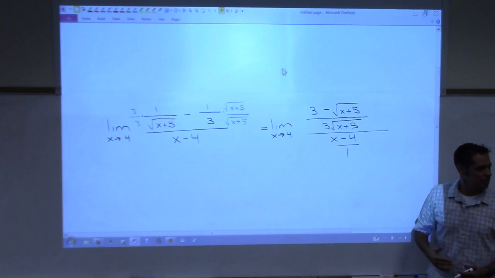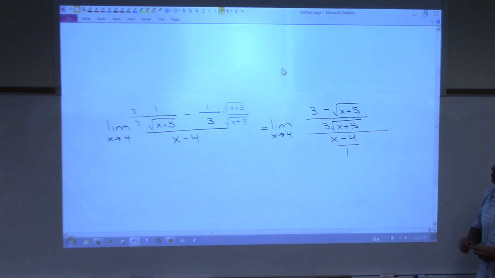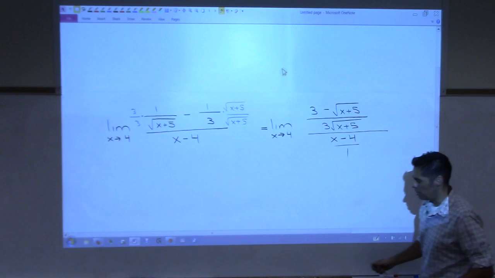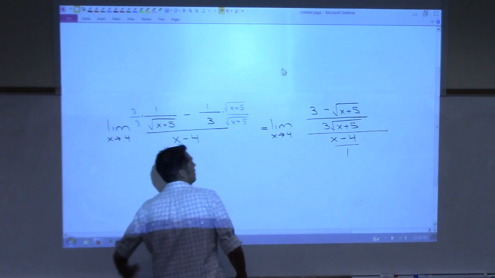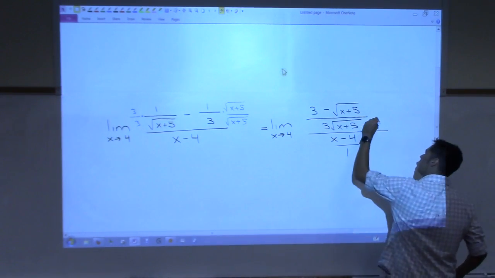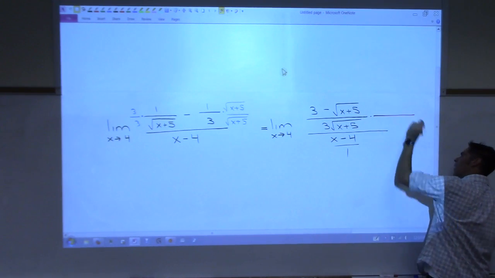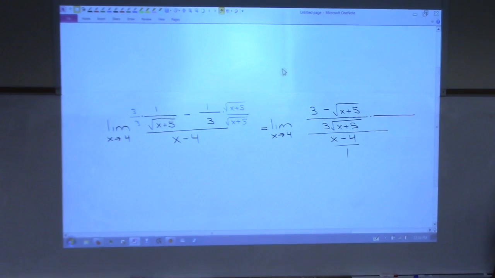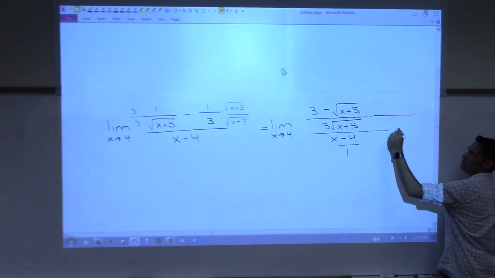But we have the conjugate. Right? You see a radical up there? Here comes the conjugate. And I'm going to throw it right here. There it goes. I'm going to put it right there. And what is the conjugate going to be here? Go ahead. Go for it.